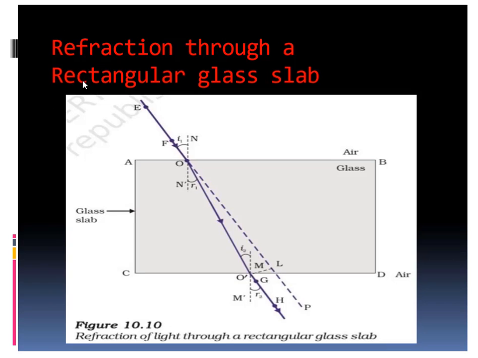Now you can see here refraction through a rectangular glass slab. This is a glass slab. Glass slab means a rectangular piece of glass. As I am doing this diagram here, this is a rectangular piece of glass.